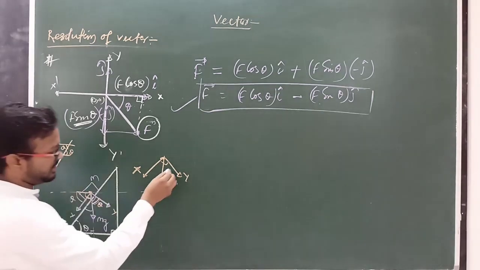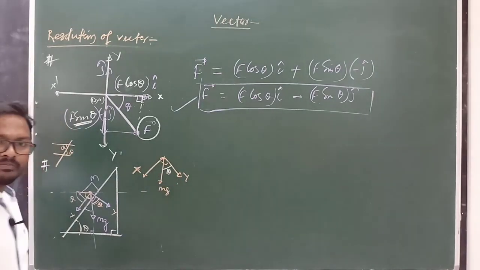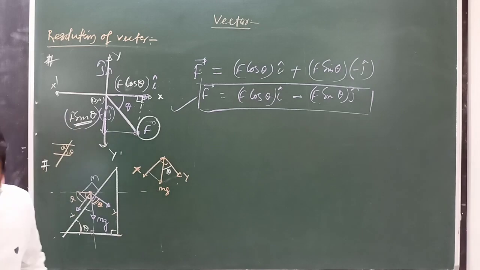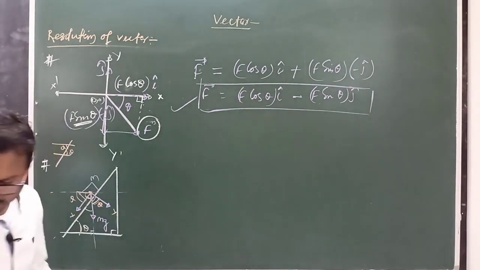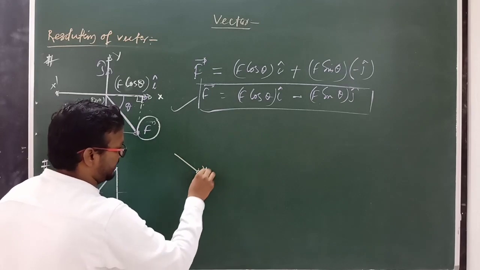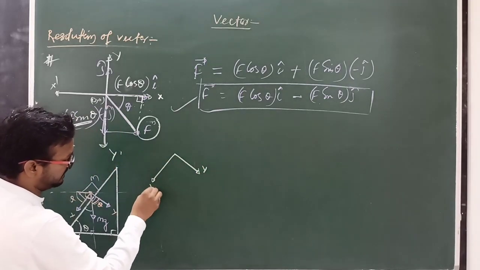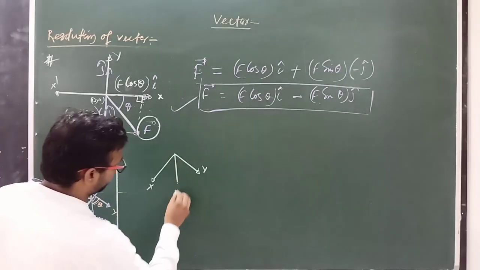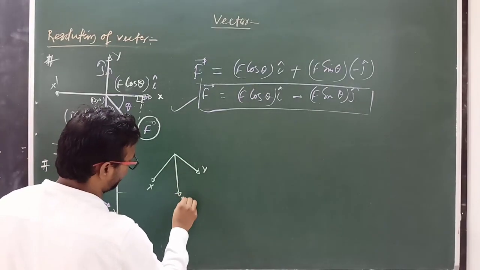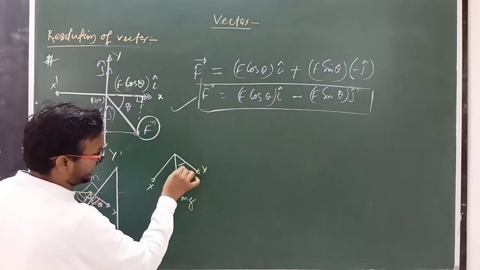Now come to this relation. So we got this angle theta here. Now we have to draw rectangular components like this. Y, X, and this is here mg, but this angle is theta here.